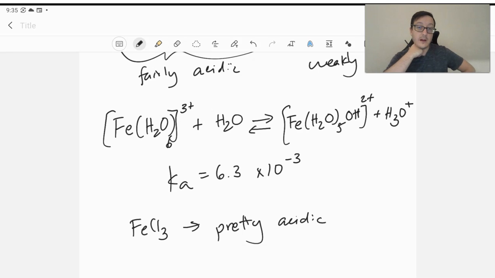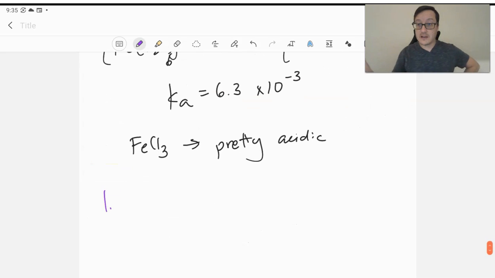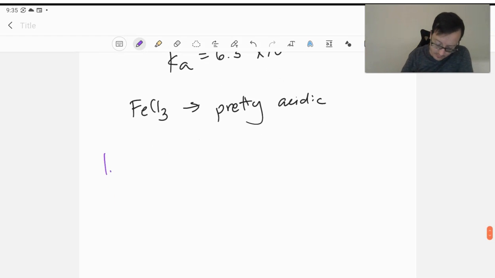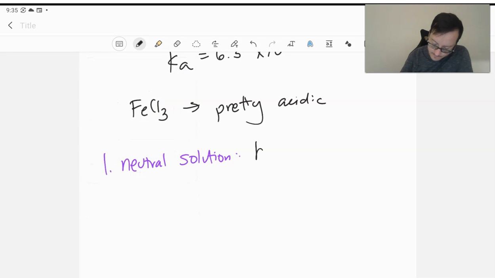So really what it comes down to is you've got a couple things to look at. You really have 4 options, actually, overall, when you're deciding if a solution is acidic or basic. Again, you could calculate the pH, but if I just ask you, is this solution acidic or basic? We can kind of come up with 4 categories. We have what could be a neutral solution. For this to be the case, both ions are negligible.